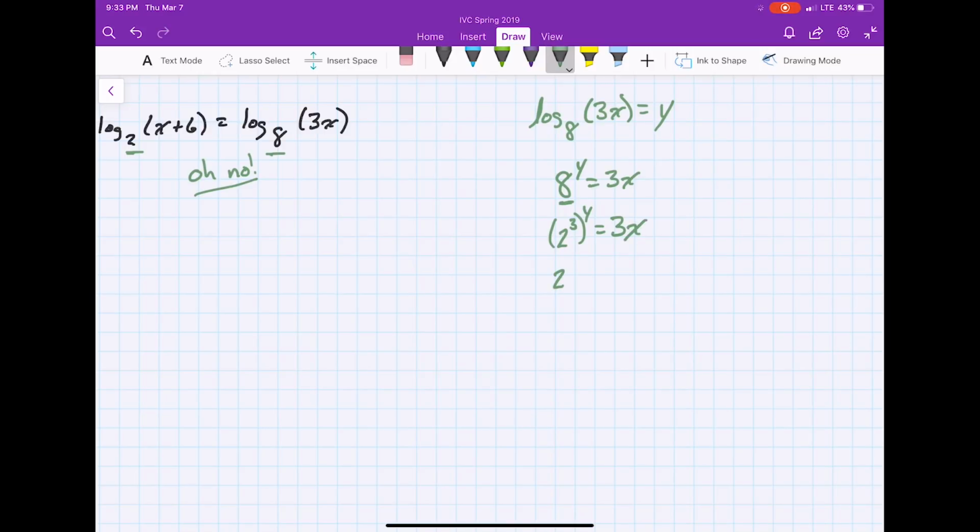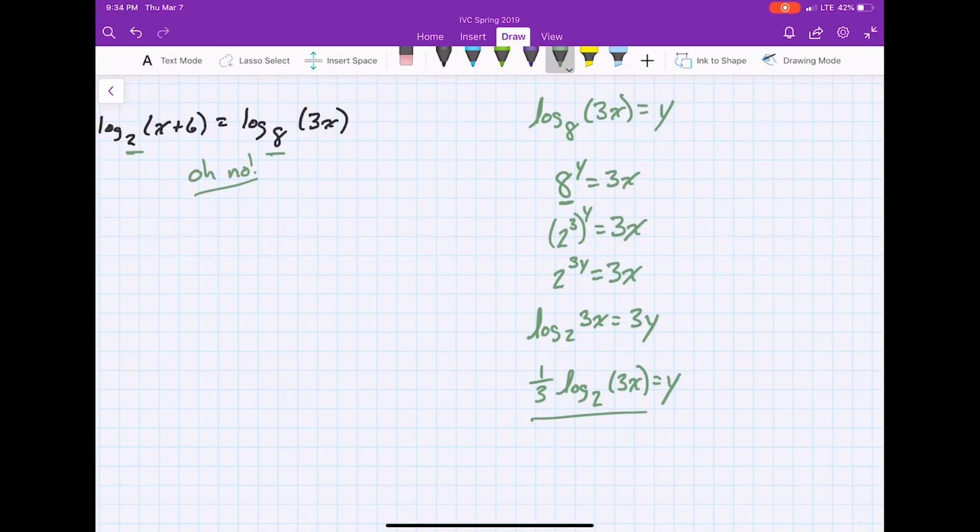Now we have 2 to the 3y equals 3x. And then, of course, we can turn this back into a log. So log base 2 of 3x is equal to 3y. Now we can take that 3 and divide the other side, or make it 1/3 log base 2 of 3x.